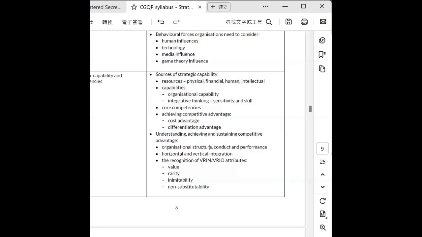Differentiation advantage refers to when the company offers unique products that can differentiate from the rest of the competitors. Maybe the customer perceives your products as being superior, and therefore that could justify the premium pricing.